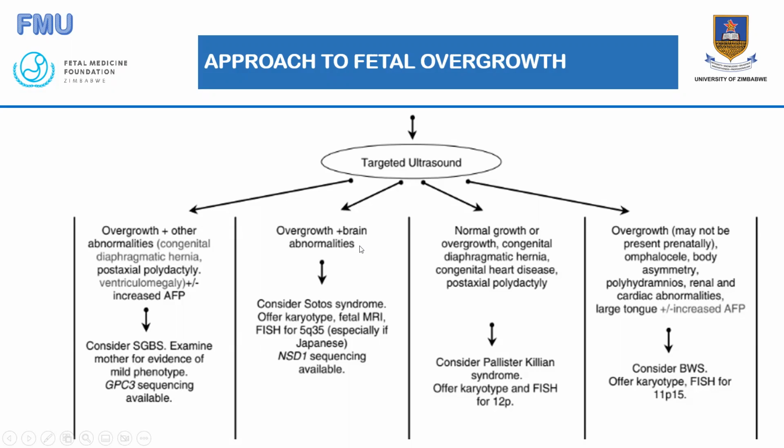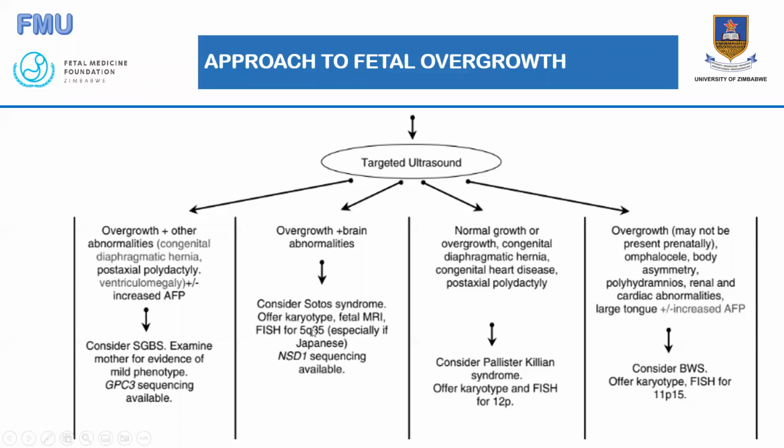Then we can have a situation where we have an overgrowth and brain abnormality. In that case, we need to consider Sotos syndrome, and do a karyotype and fetal MRI. If we do FISH, we want our FISH to target 5q35. Now FISH has been replaced by QF-PCR, quantitative fluorescent PCR, so it will target the same region on chromosome 5.